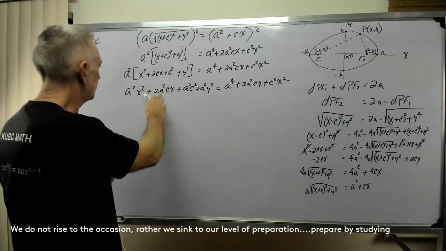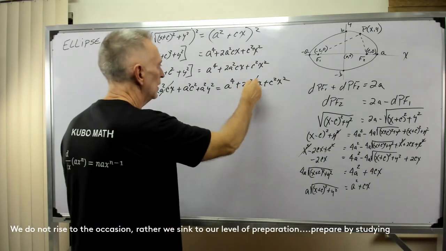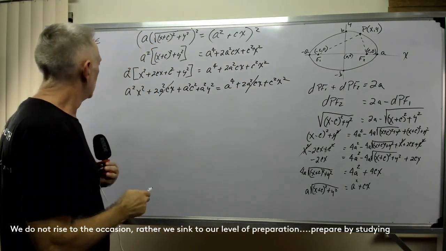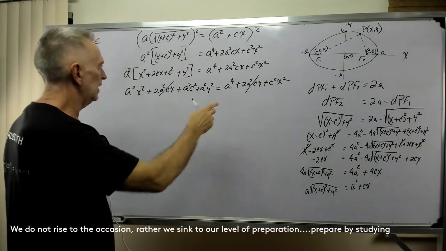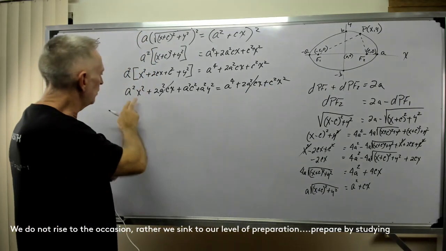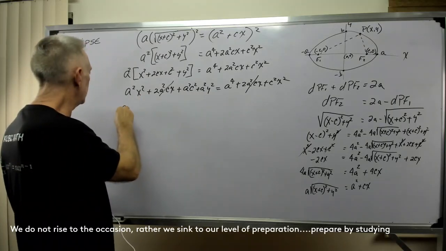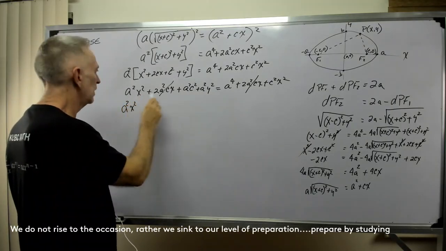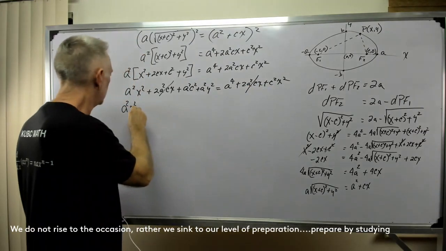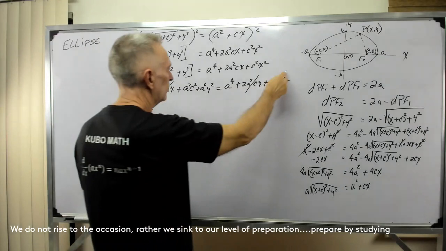Well, I could subtract 2a squared cx from both sides. That would cancel those. I have an x squared term here, I'm going to move it over with this guy, which would give me a squared x squared minus c squared x squared. So that got rid of that one.